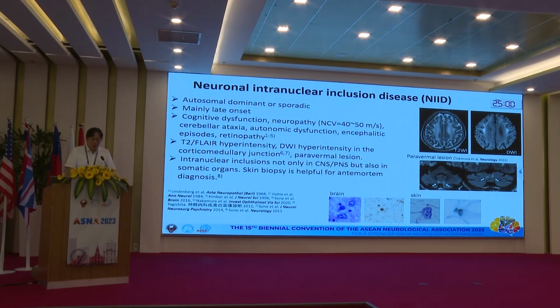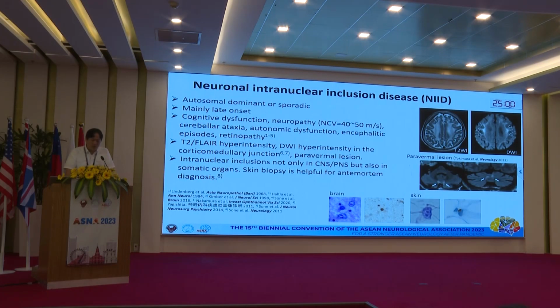Brain MRI shows T2 FLAIR hyperintensity in the white matter and characteristic diffusion hyperintensity in the corticomedullary junction, although this is not observed in all patients.